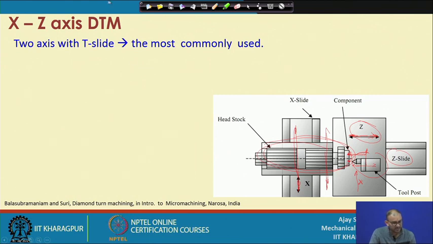Because this particular tool is moving in this direction and your workpiece is moving in this direction, so it takes the shape of a T. This is called a T slide, and it is most commonly used because with this shape any conventional or routine type of features you can create on the face surface. That is the advantage.